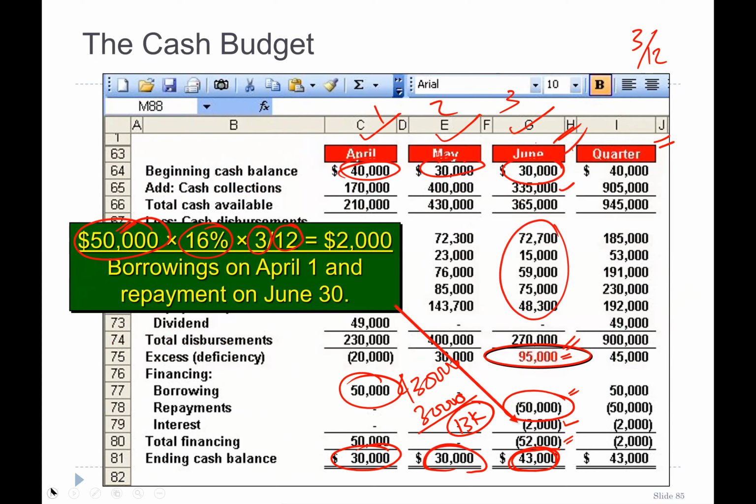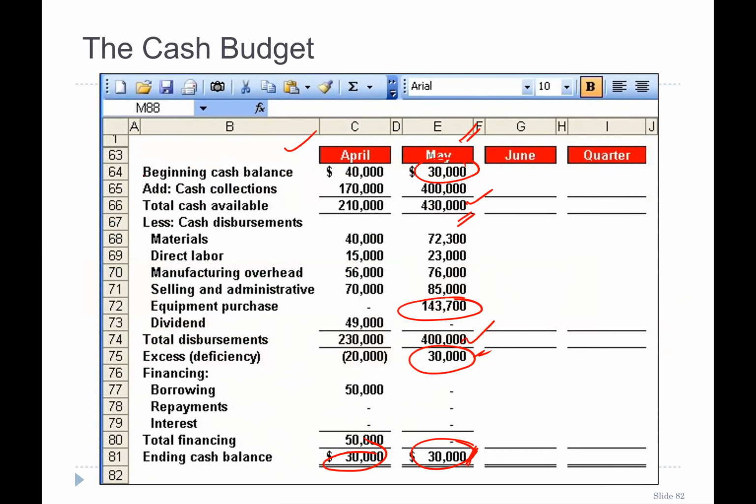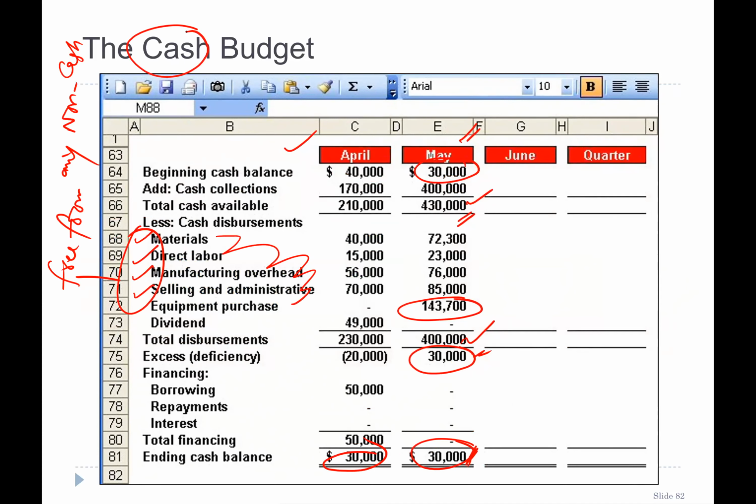So whether it is direct material, direct labor, manufacturing overhead, selling and admin, every disbursement is free from any non-cash item. It means there is no effect of depreciation here, right? Because we are making a cash budget. Everything is based on cash.